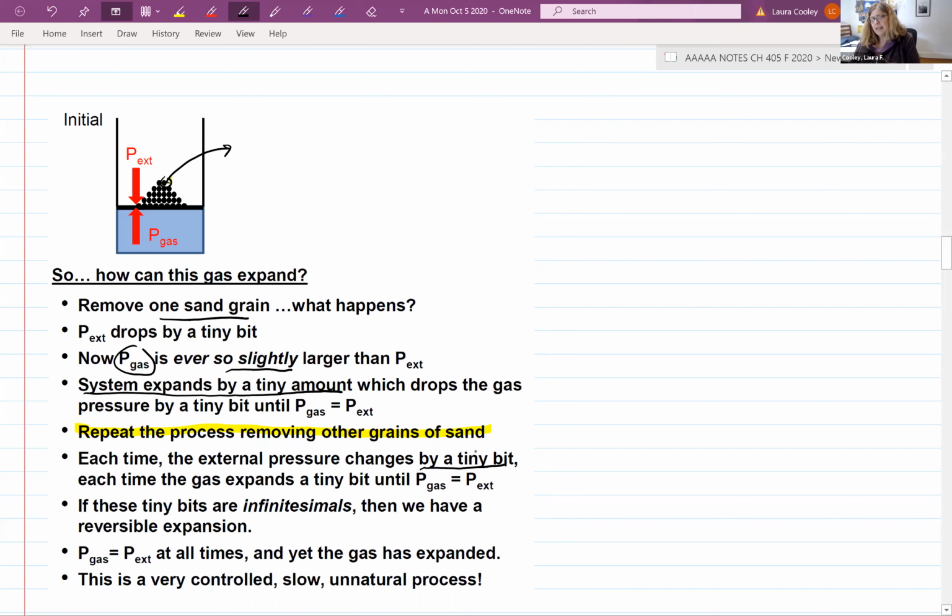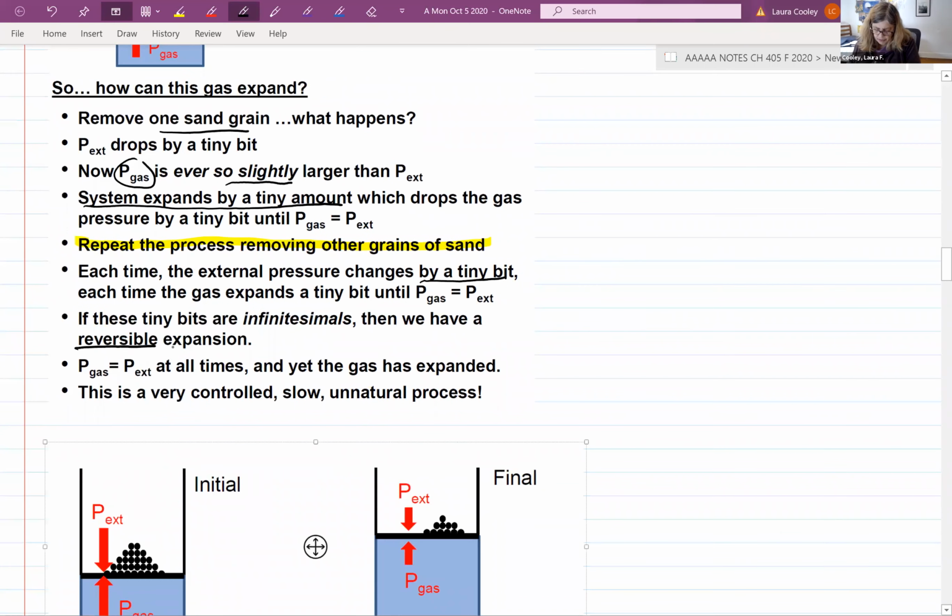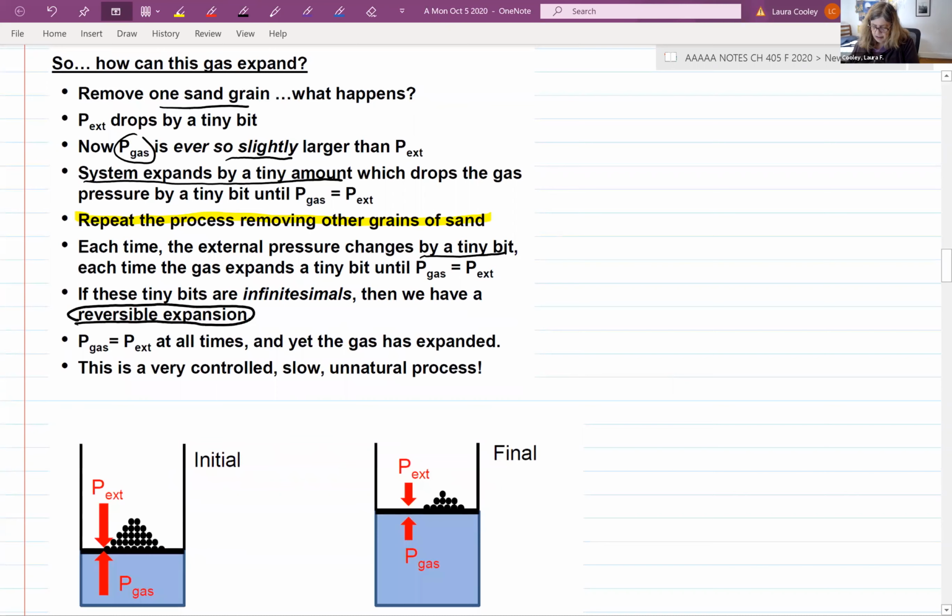Each time the gas expands a tiny bit, and its pressure becomes equal to the external pressure. And if these little tiny bits are infinitesimals, that's when we have something that we call a reversible expansion. It's a very important type of process in physical chemistry. What happens is that the external pressure and the gas pressure are equal at all times. Within an infinitesimal is equal, okay?